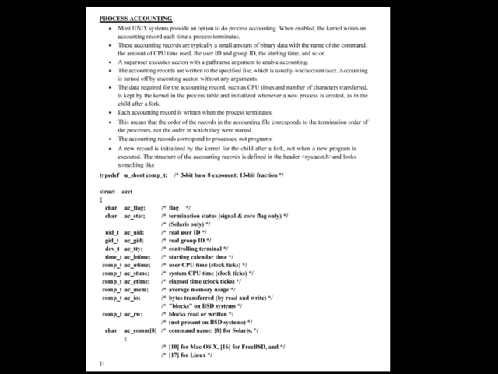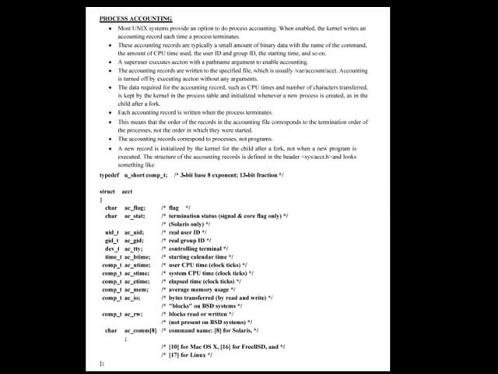The data required for the accounting record, such as CPU times and number of characters transferred, is kept by the kernel in the process table and initialized whenever a new process is created, as in the child after a fork. Each accounting record is written when the process terminates.